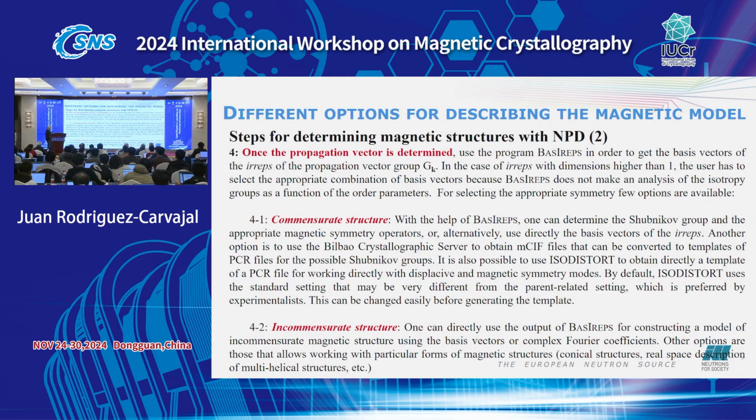Once the propagation vector is determined, you can use BASIREPS in order to get the basis vectors of the irreducible representations of the propagation vector group. That is also a problem. I don't know if you know what that is. The propagation vector group, the little group, is formed by the symmetry elements of the space group, or the operators, that leave the propagation vector invariant.